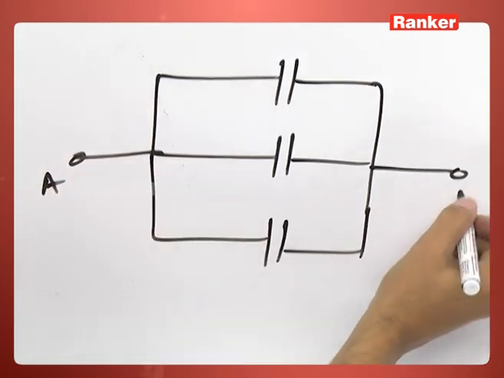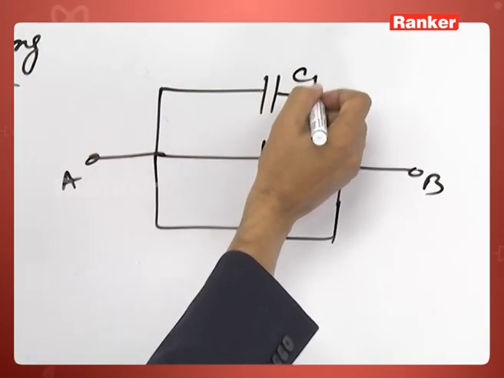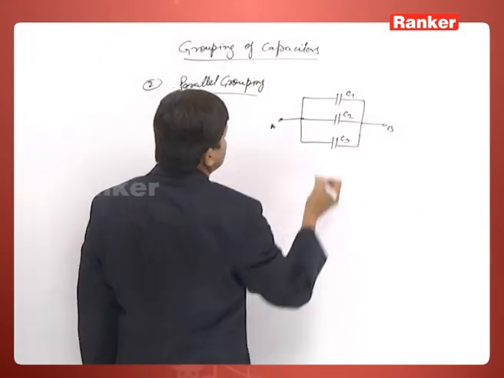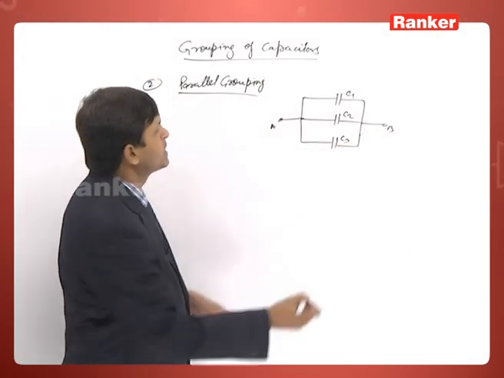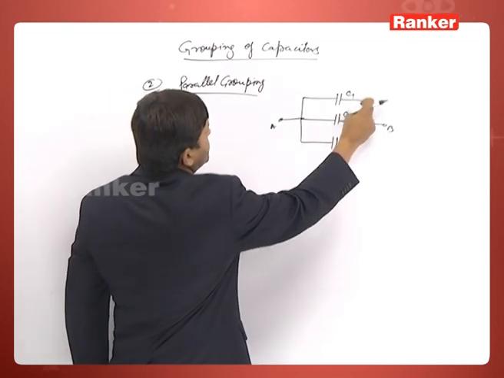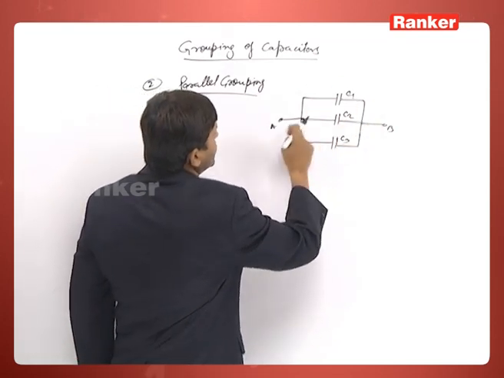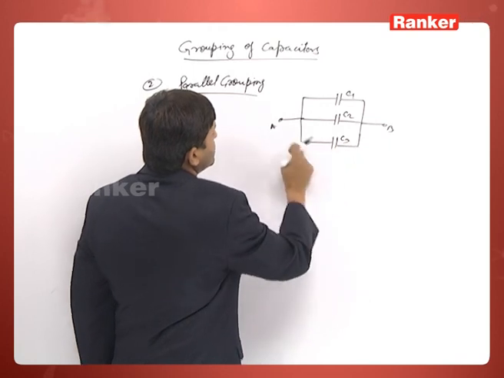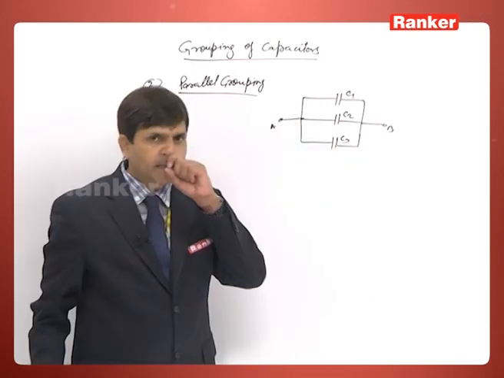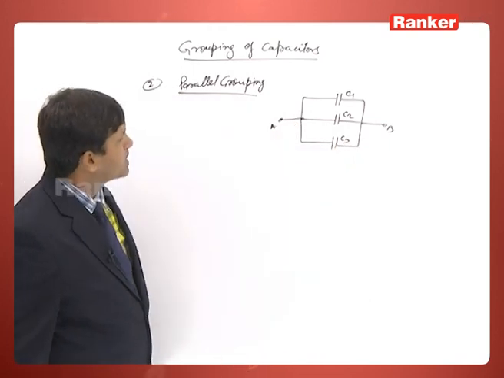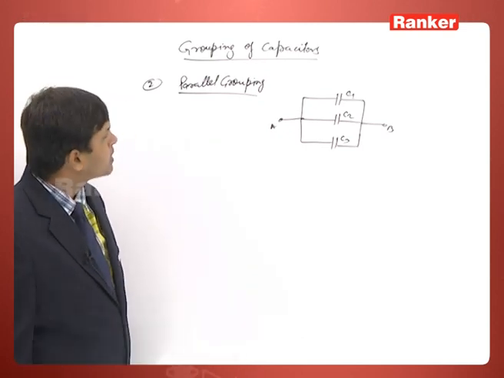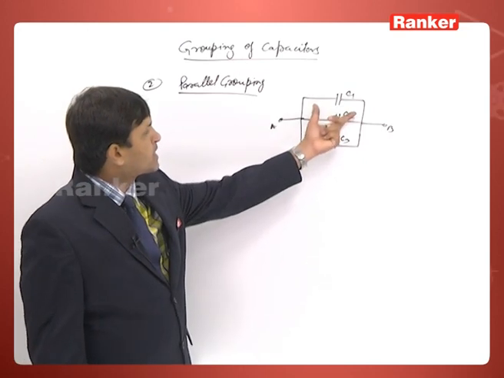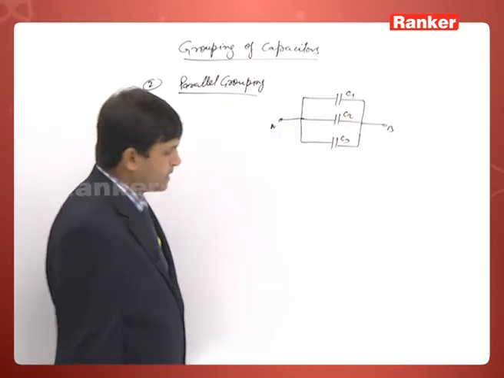So here we can say all three capacitors, of capacitance let C1, C2, C3, are connected across the same 2 points. Between A and B capacitor C1 is connected, between A and B C2 is also connected, between A and B C3 is also connected. So for parallel grouping, either all the capacitors are connected across the same points, or the potential difference across the capacitors is the same.